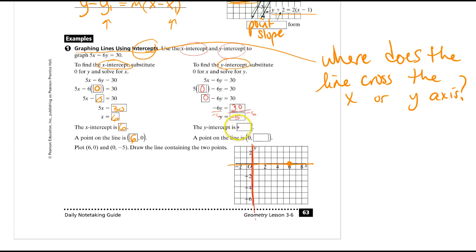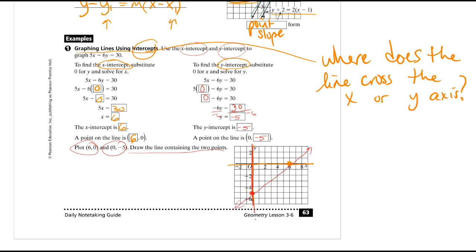So the y-intercept is -5. Isn't that handy that they drew the graph so that we could pick that value right here? So a point on the line is at 0, -5. So there you go. Plot these 2 points and draw the line that contains them. Well, that's 2 points determine a line. I got it.